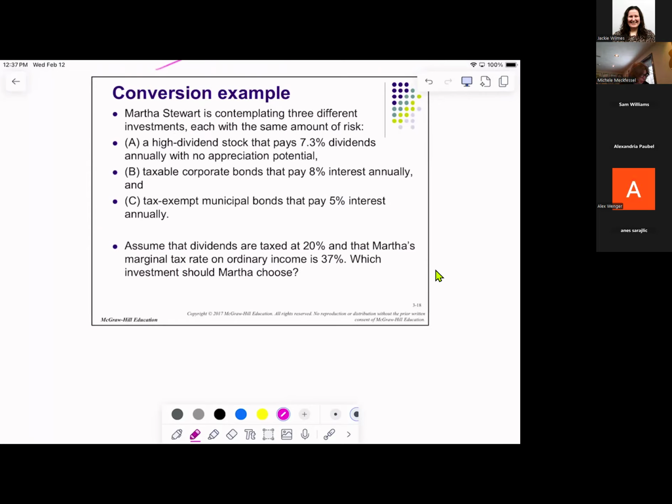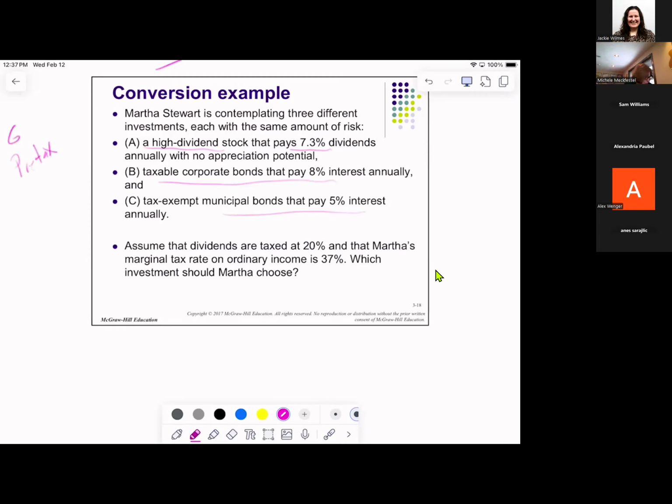We've got a high dividend stock that pays 7.3% in dividends annually, no appreciation potential. We have a taxable corporate bond that pays 8% annually. And we have a tax exempt municipal bond that pays 5%. Remember, all of these rates of return are pre-tax, and what we are concerned with is after tax.